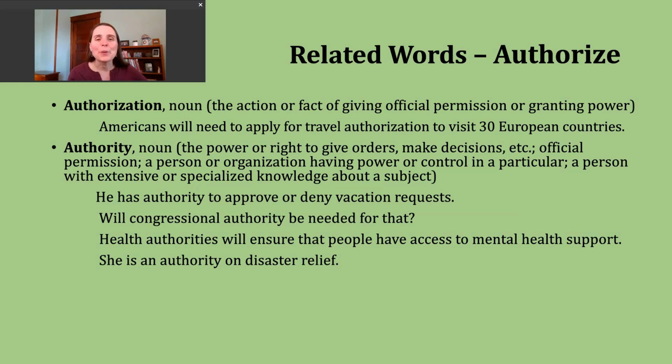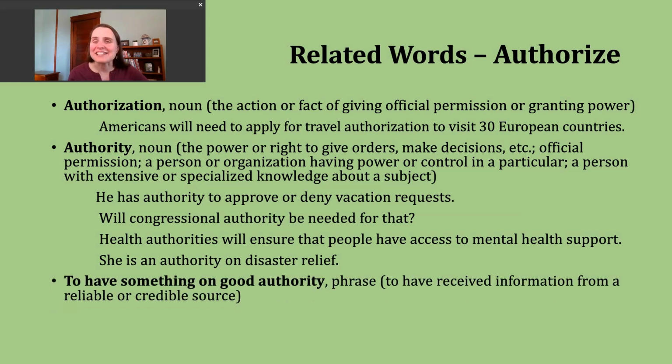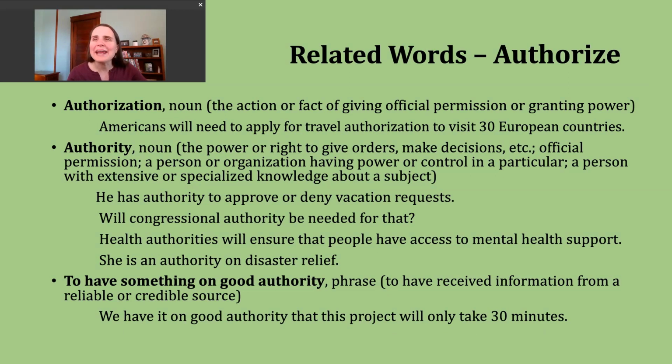Okay. One last phrase for us today, and that is to have something on good authority. When someone uses a phrase like this, it means that they feel they have information from a reliable or a credible source. Okay? So, an example of this might be: we have it on good authority that this project will only take 30 minutes.